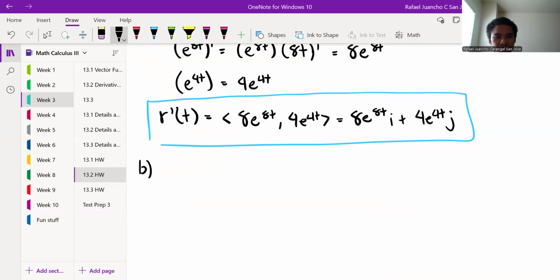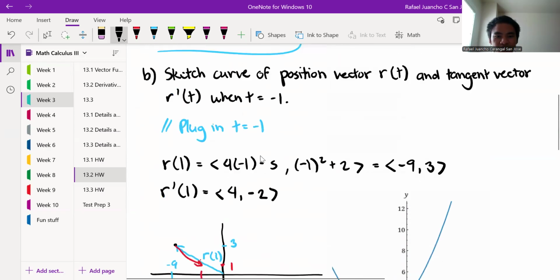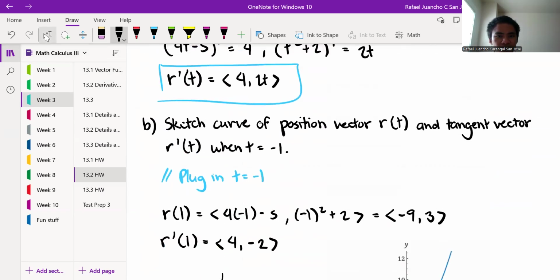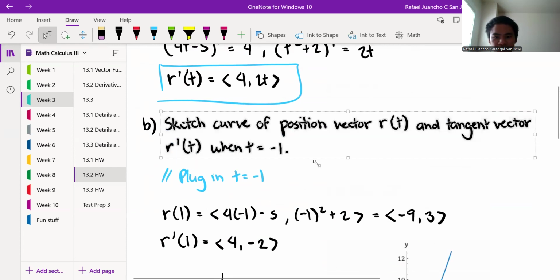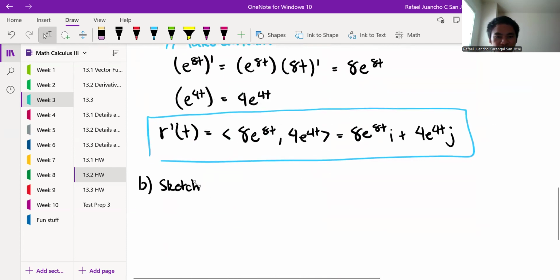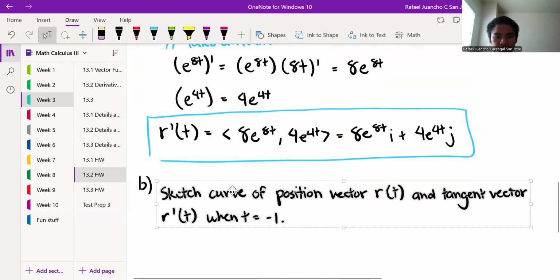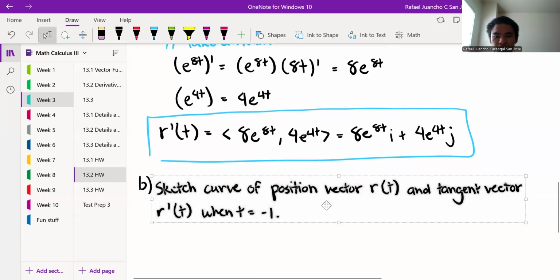And again, we're being asked to sketch the position and tangent vector given a t-value. So I'm just going to copy paste. I'll paste and change this.